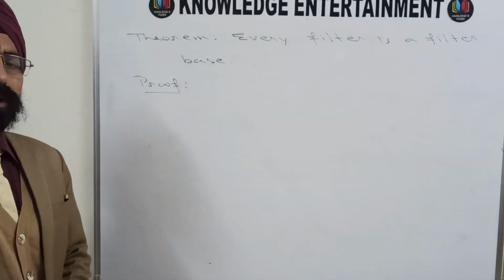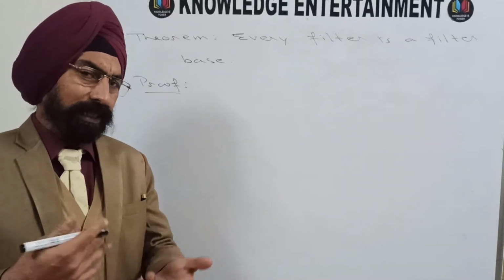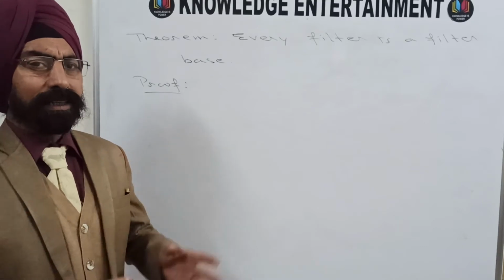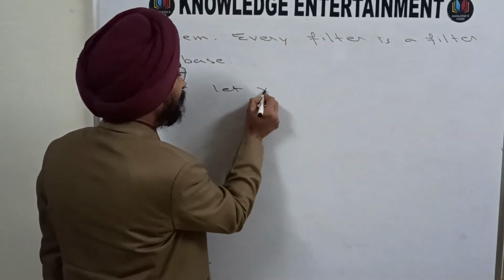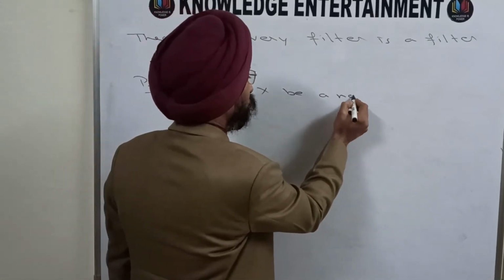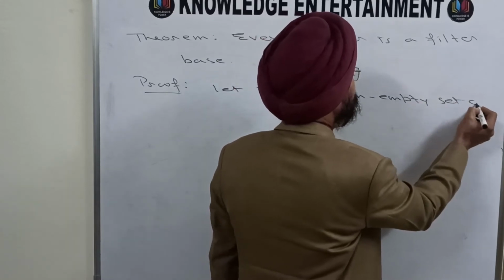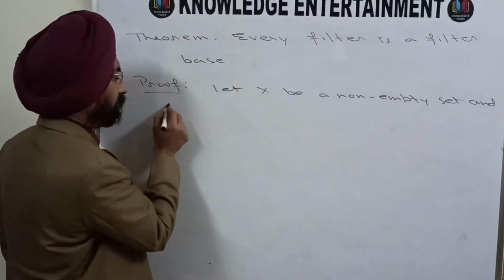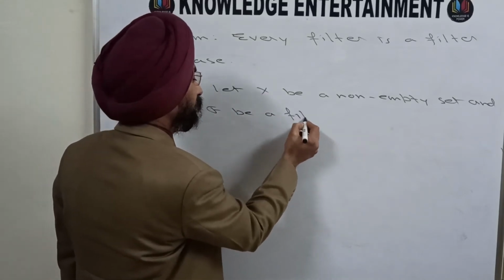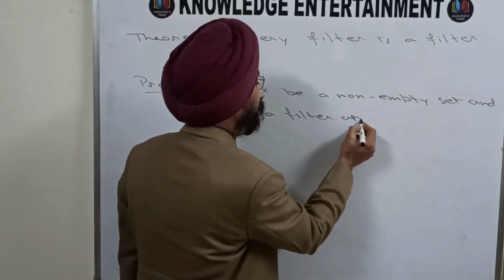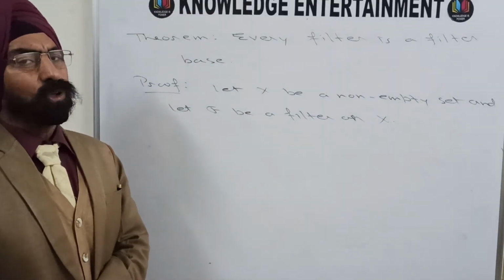First of all, we will take a non-empty set X, then we will take a filter on X, and we will show that that filter is also a filter base. So let X be a non-empty set and let F be a filter on X. We will show that F is also a filter base on X.